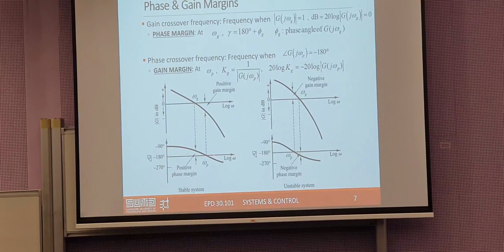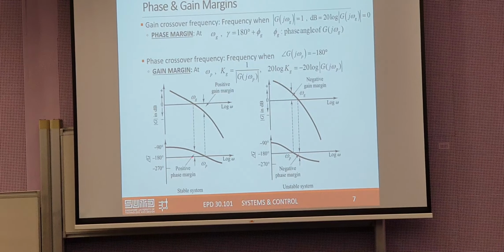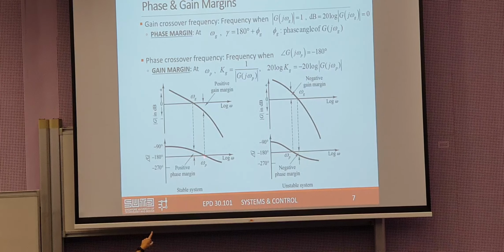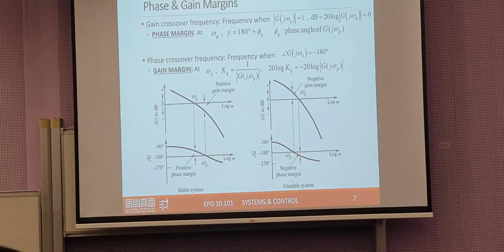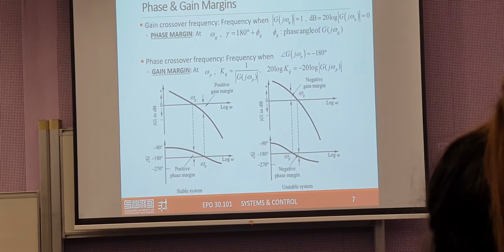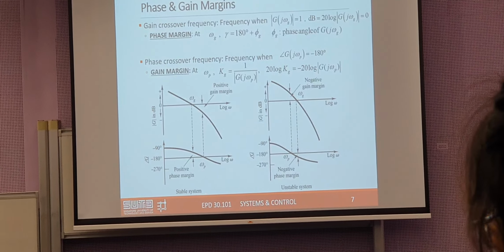It's right here. So minus 180 intersects the graph at this point. This point is called the phase crossover frequency, omega p, where it crosses over minus 180. Once you find this value, you go up to the gain plot.